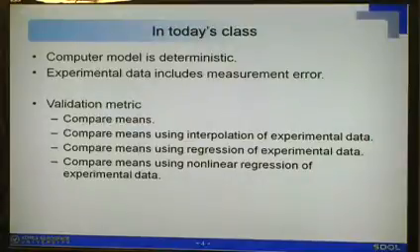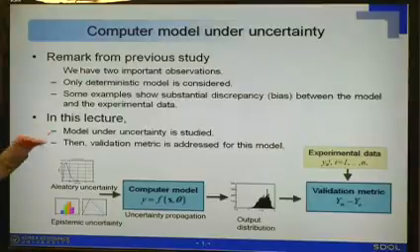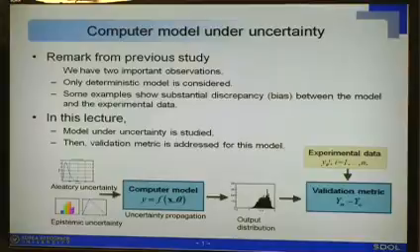And today, we move to the case where the computer model is not deterministic. So this is today's class. We will consider the model under uncertainty, and the validation metric is also introduced for this case.